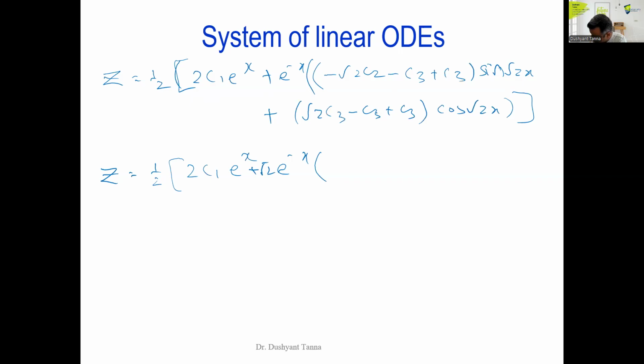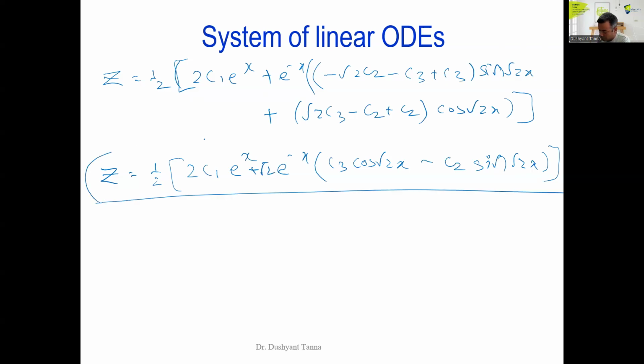That's C3, that's C2, and that's C2. So C3 cos root 2x minus C2 sine root 2x. And that's your z. So you got your y, you got your z, and that's what you needed.